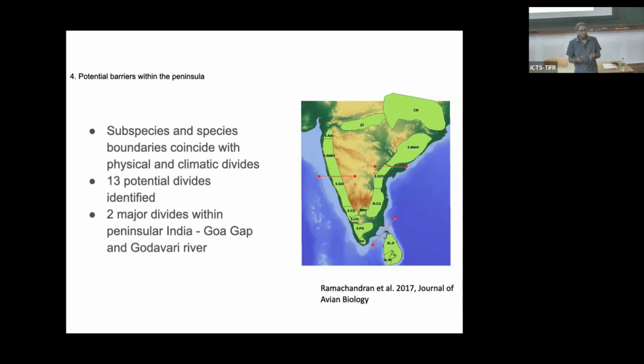And it turns out that that is a climatic barrier. The climate is very different north of Goa compared to south of Goa. And recently someone who studied Draco, the flying lizard, found that Draco is not found north of Goa.